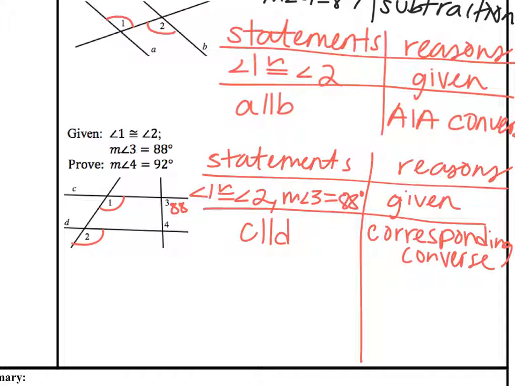Now that you know the lines are parallel, you could go ahead and mark that in your diagram. So these are parallel. Now we can do what Olivia said and say those 2, 3, and 4 are supplementary, and we can use the equation to solve it like we've done for every other one on this paper.